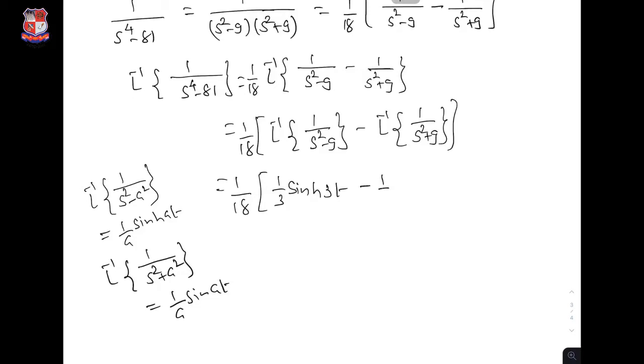So this is minus 1 over 3 sine 3t, and so this equals 1 over 54 into sine hyperbolic 3t minus sine 3t.